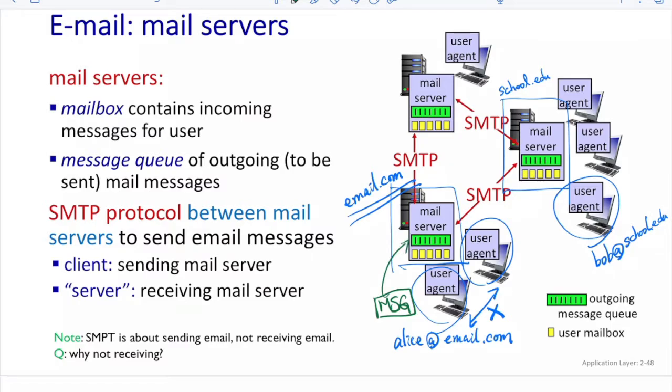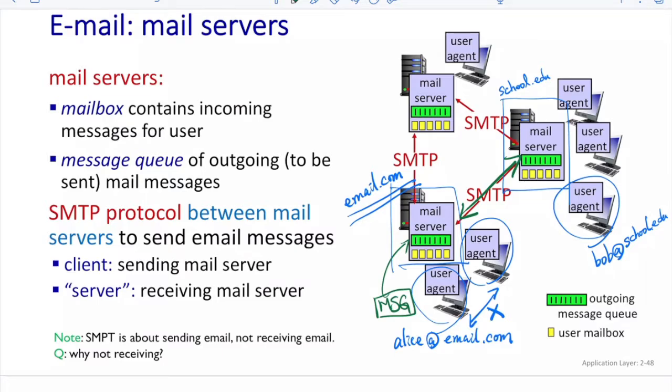It's like going to your neighboring post office and giving your mail to the post office near you. After that, your email server will deliver this mail from your local mail server, or post office, to the receiver's post office, or the receiver's email server.